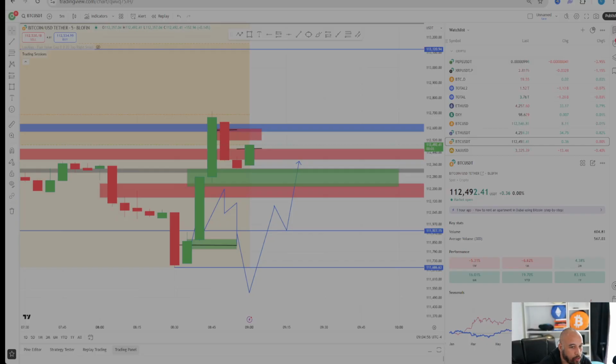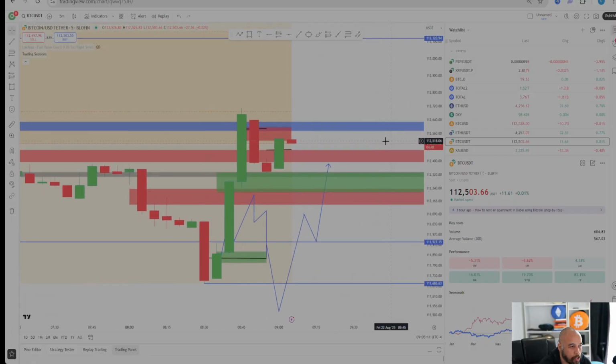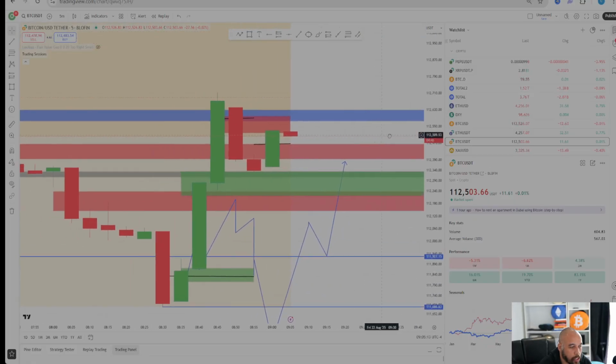Five, 4, 3, 2, 1. Okay, it's gone lower. I was about to close it, but it ended up in a red candle. Let's see how this plays out.